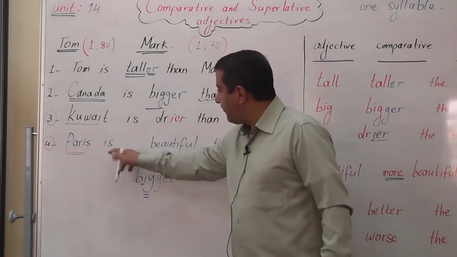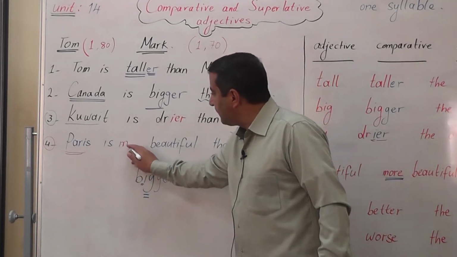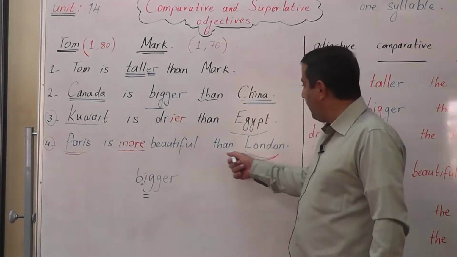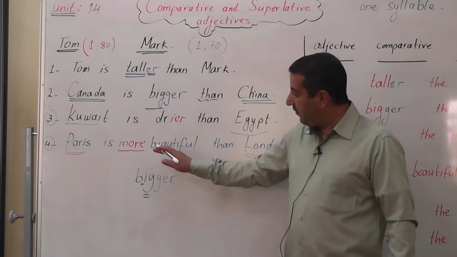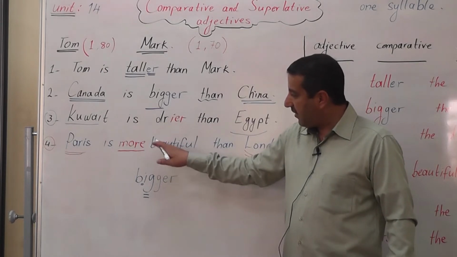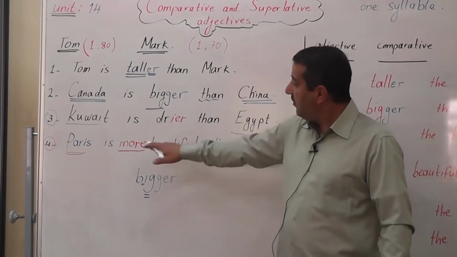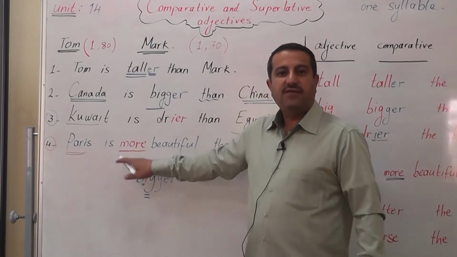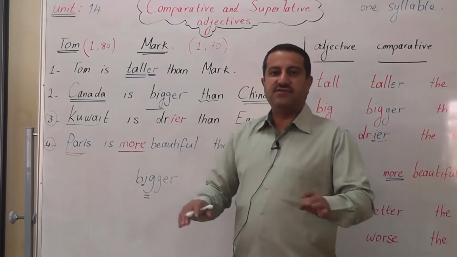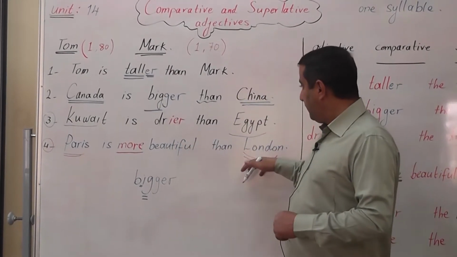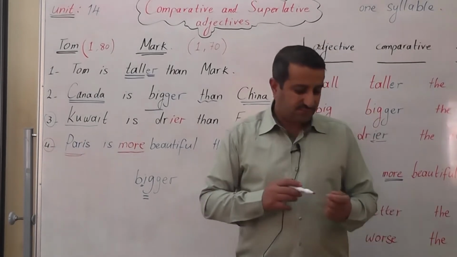So we say Paris is more beautiful than London. If we have a long adjective, or an adjective that has more than one syllable, we do not add ER, but we use the word more in comparison between the two things or two people. So Paris is more beautiful than London.